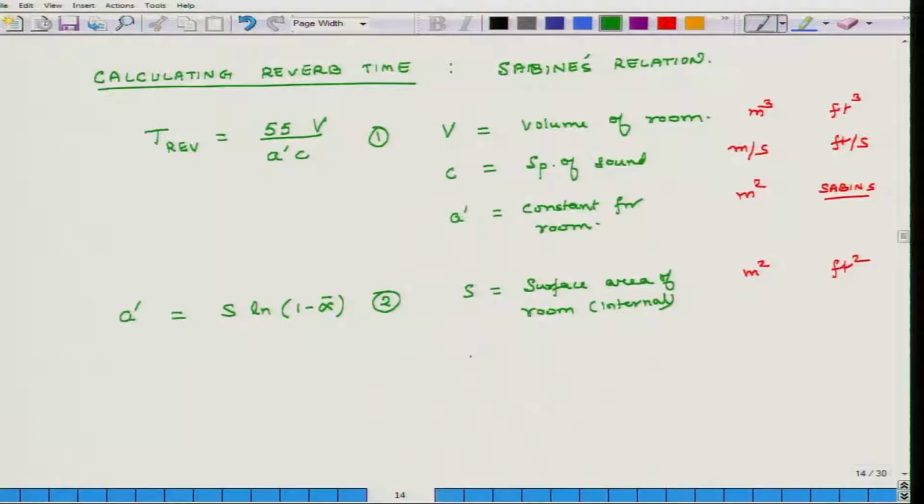And then finally alpha bar is the absorption coefficient of the room, and this does not have any dimensions.